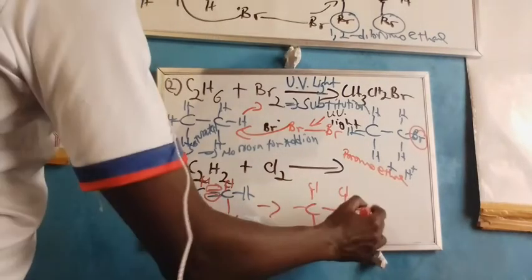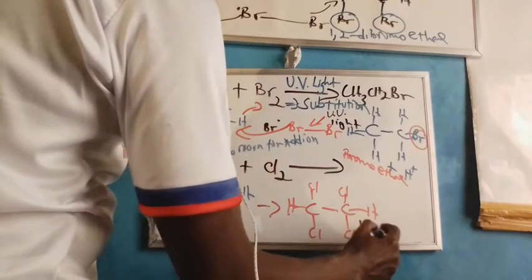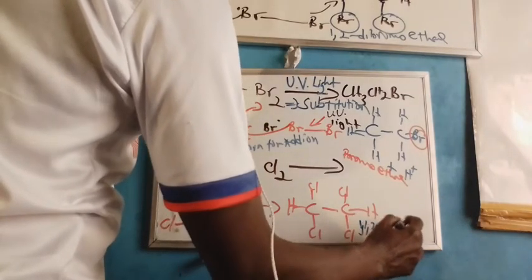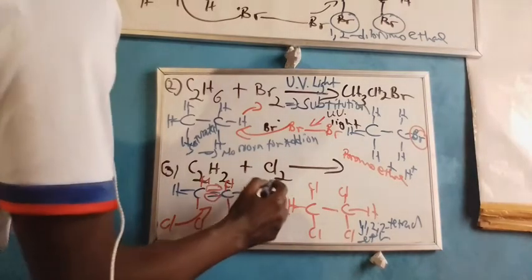And in this case, we have 1,1,2,2-tetrachloroethane. So 1,1,2,2-tetrachloroethane is the final result of a reaction which we are describing as addition.